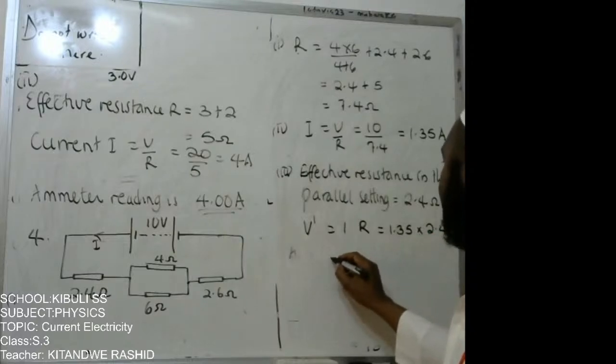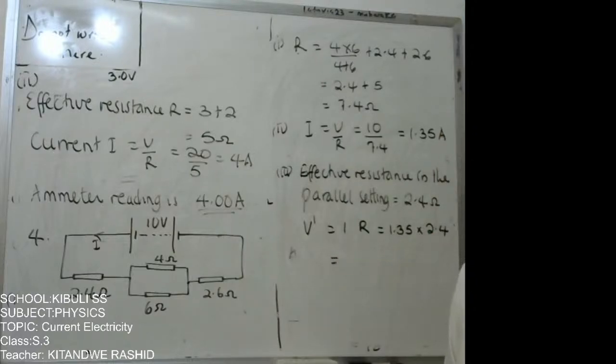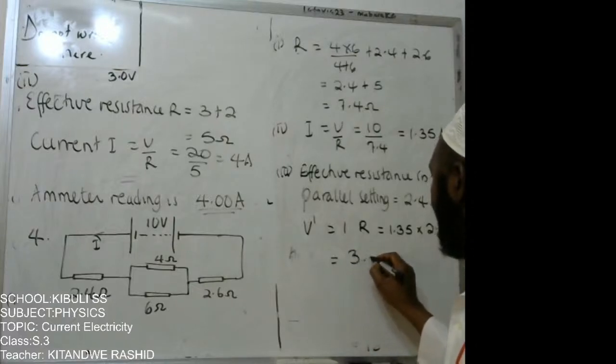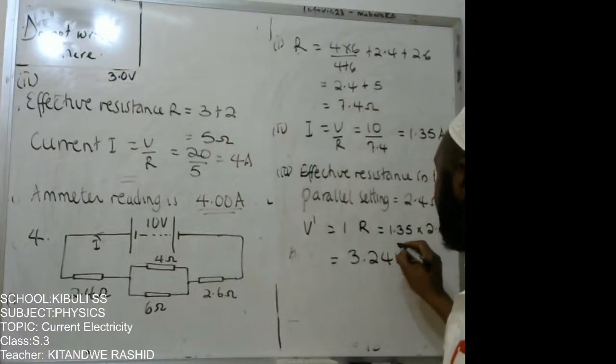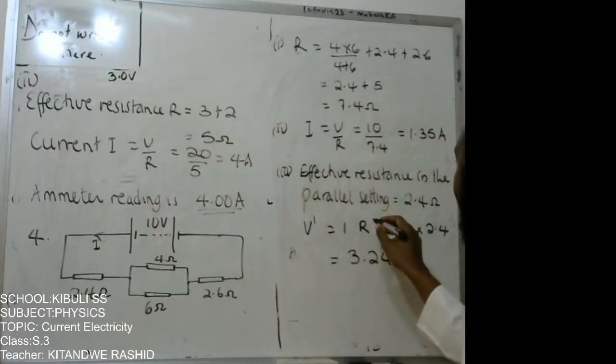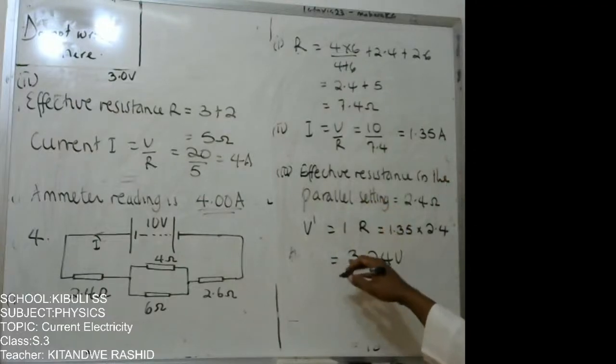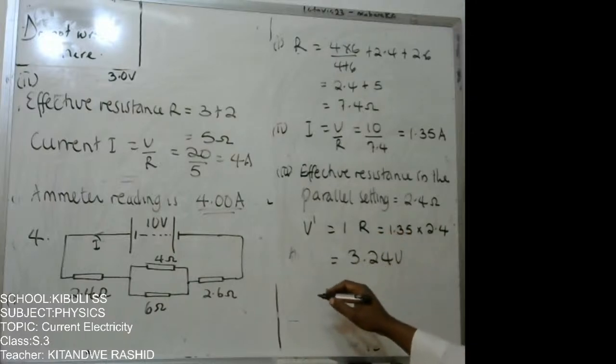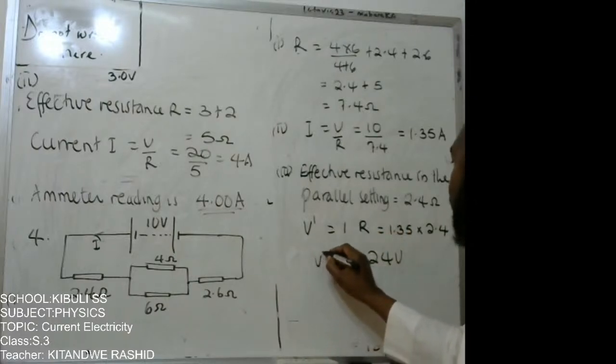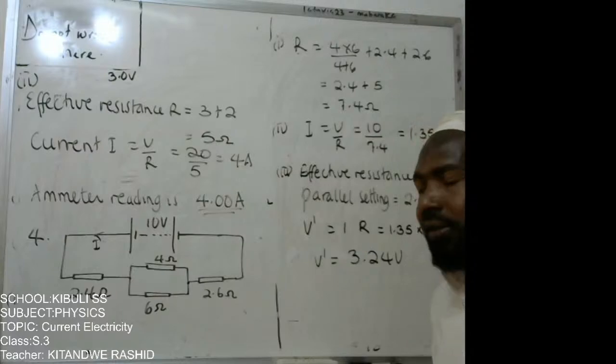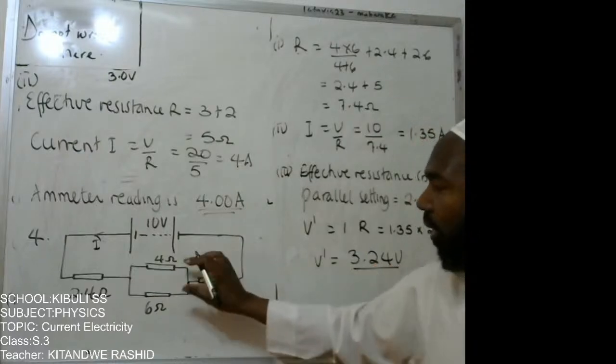So the final answer turns out to be equal to 3.24. So this is the PD in the parallel setting. PD in the parallel. This setting here.